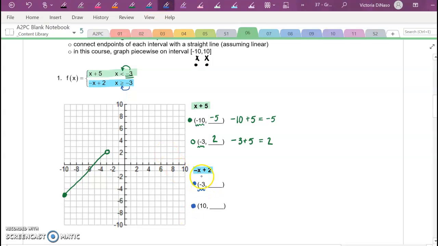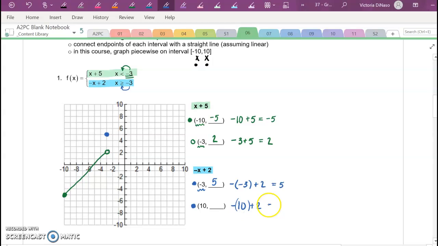So we're going to start at -3 and plug that into -x plus 2. So we have -(-3) plus 2, so we have +3 plus 2, which equals 5. So at -3, +5, we're going to put a closed circle. And then at 10, plug that into -x plus 2.